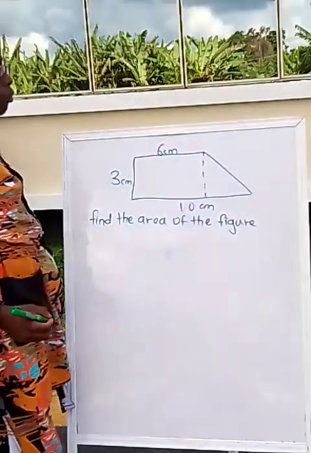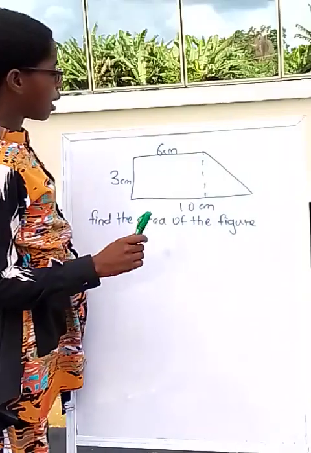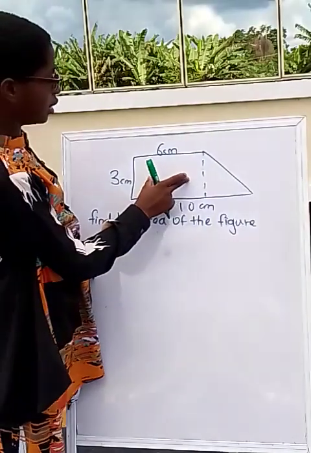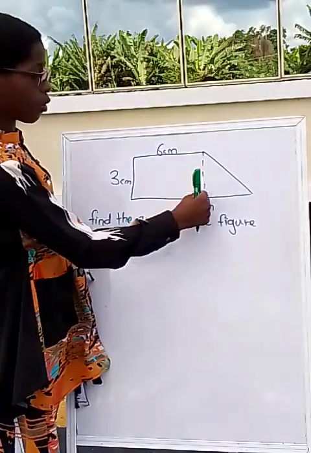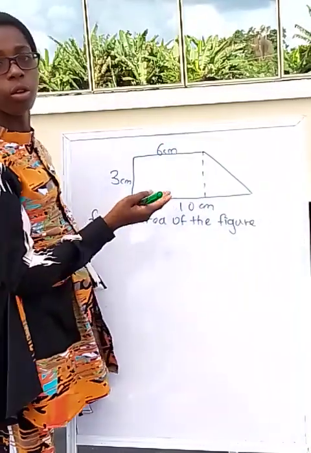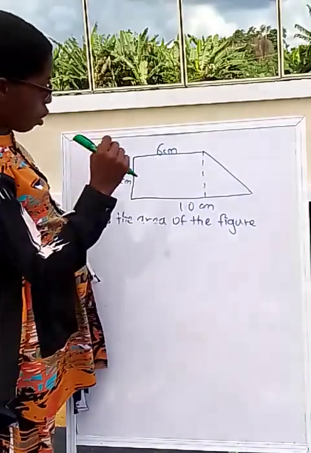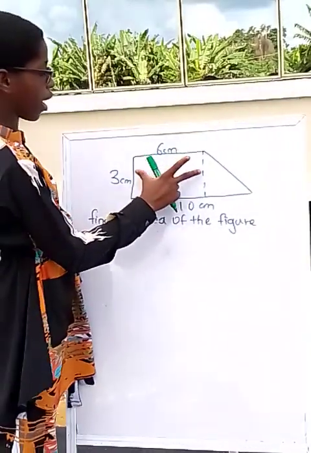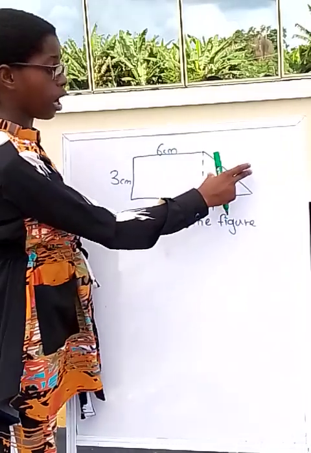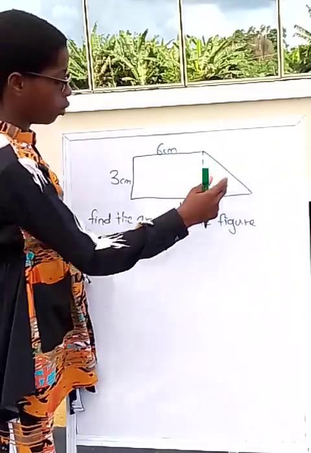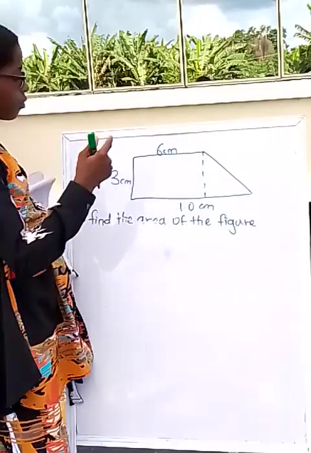Now, to find the area of this figure is very simple. This is a trapezium, and the trapezium consists of a rectangle and a triangle. So, to find the area of the whole shape, we first find the area of the rectangle and the area of the triangle, then add them up, and it will give us the area of the shape.